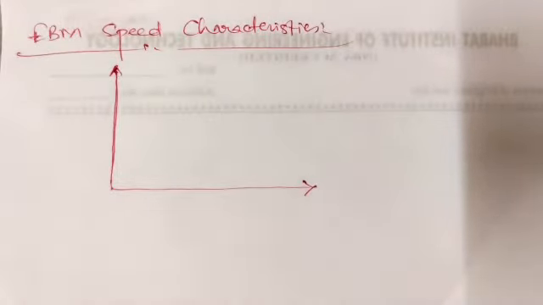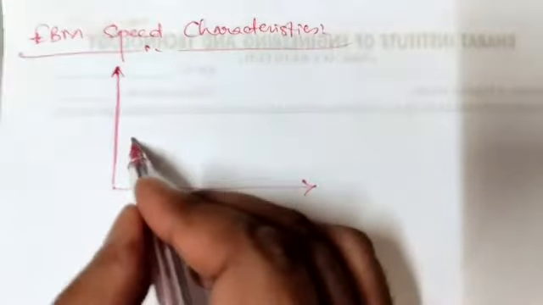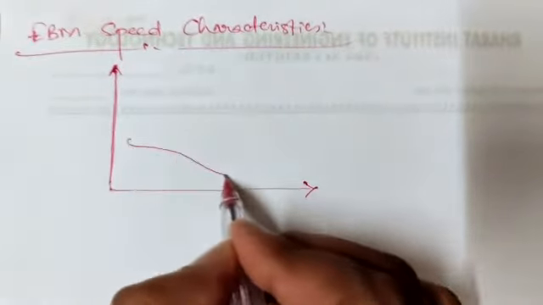Why should we study speed characteristics? We need to know how fast we can machine any hole, or we can also find out the volume of material removal, or how fast the hole is getting generated. Okay, so here I will draw two spots.